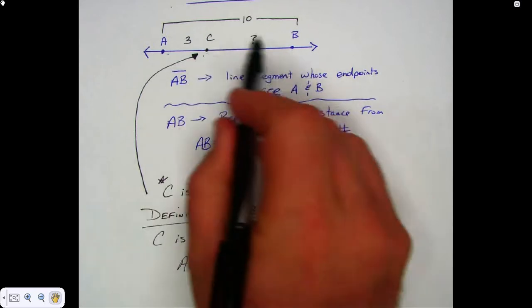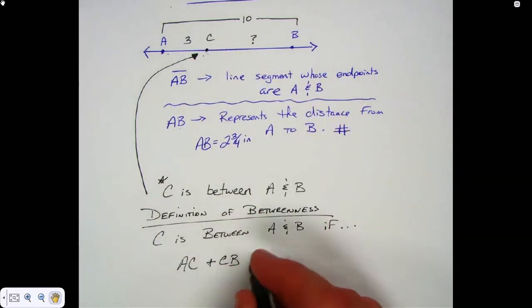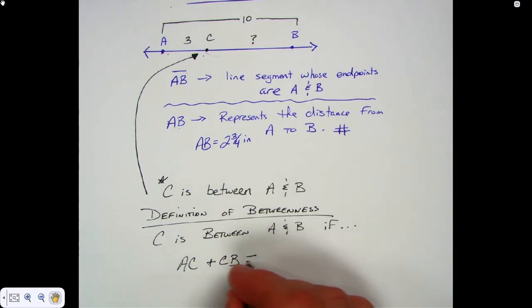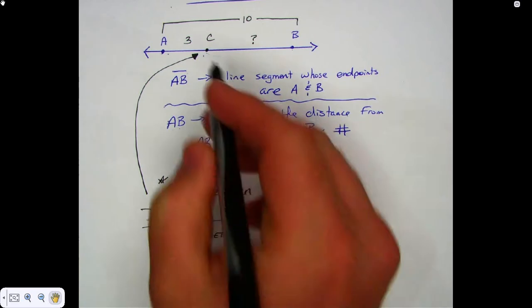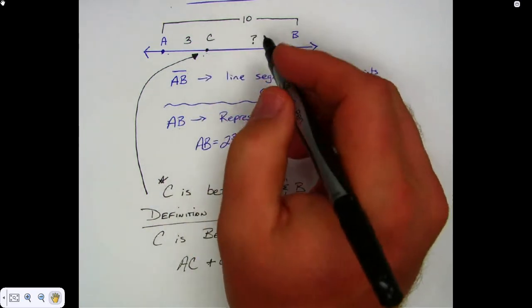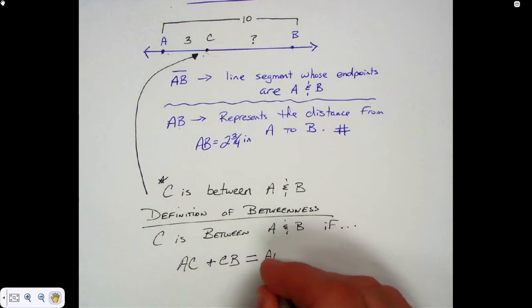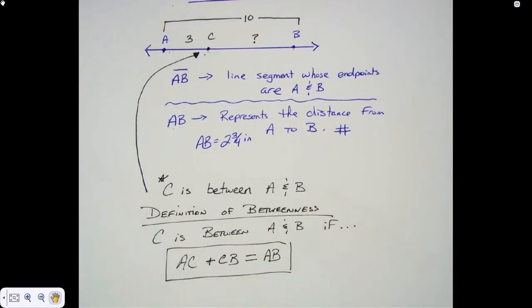What does it equal? Not 10. I want you to use A to what? That is the definition of betweenness. The two smaller parts will equal what? The whole thing. So if C is between A and B, then you know AC plus CB is equal to AB. Because isn't it obvious? You got to have those two to make up the whole thing, don't you?